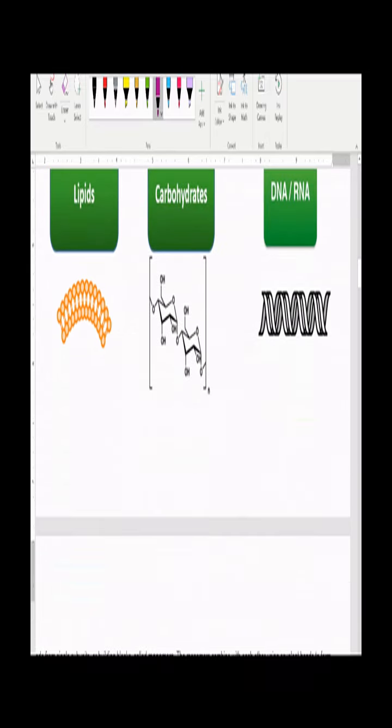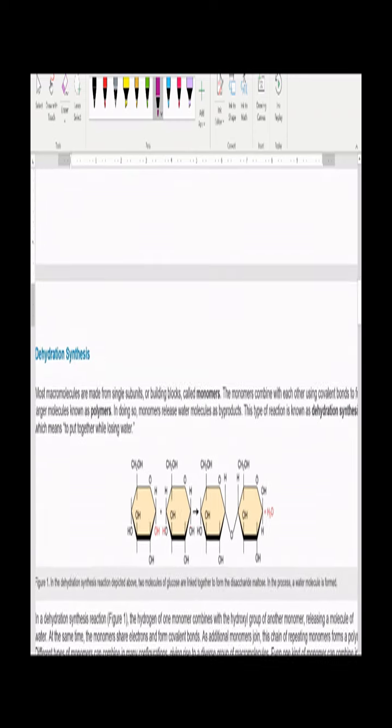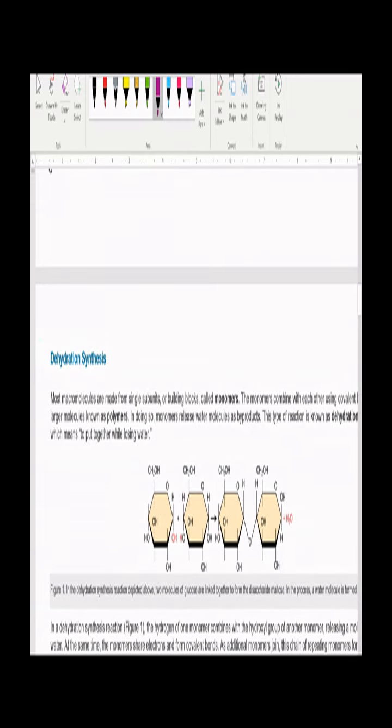And just real quick, to show you how the process of putting those individual sugars together works: typically when you're synthesizing a larger carbohydrate, and this applies to other macromolecules as well, when you're taking the monomer and building the polymer, the type of reaction that occurs is called dehydration synthesis.